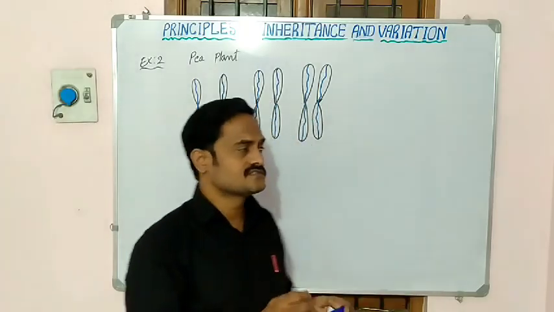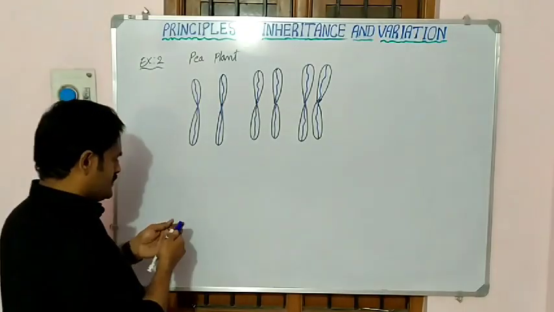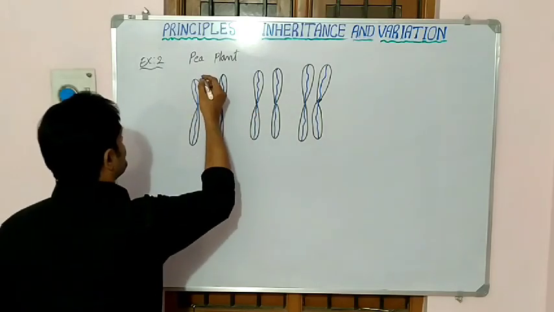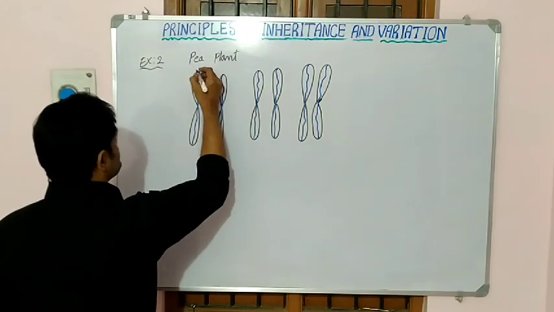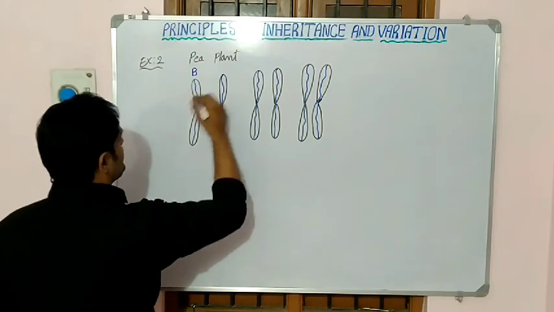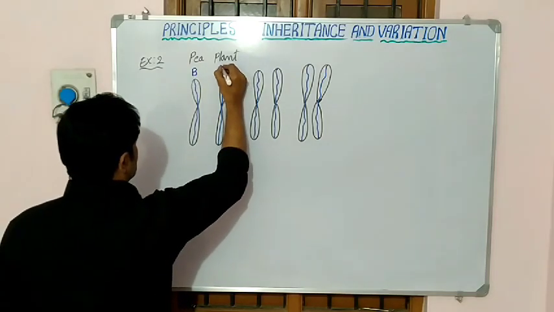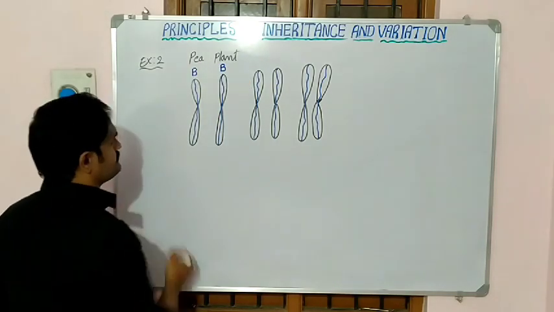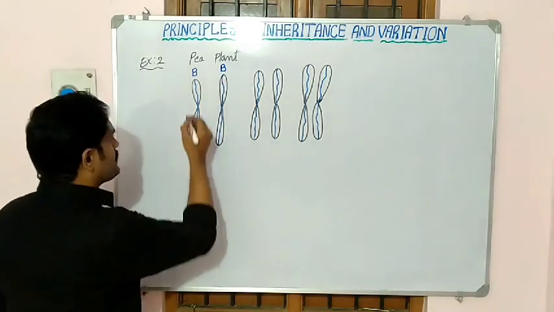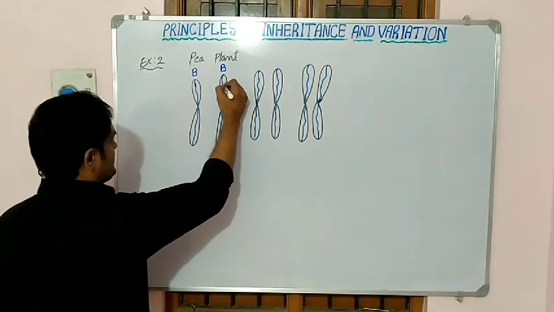For example, I will write 3 types of allele here. The first chromosome pair has capital B allele and the second one is also capital B. So these are the pair of alleles present in the DNA.